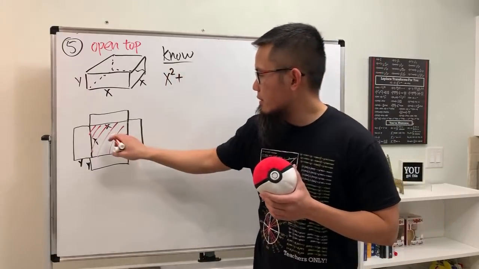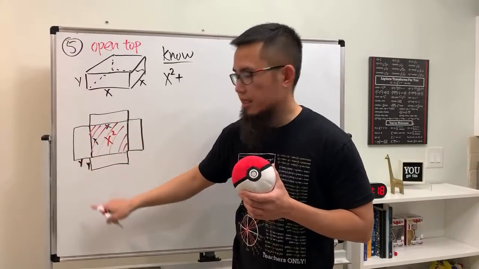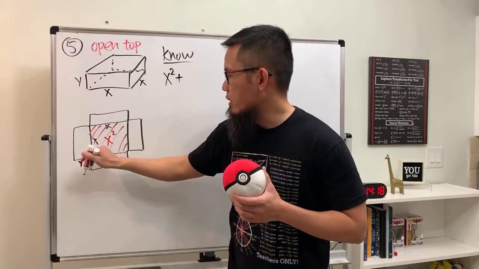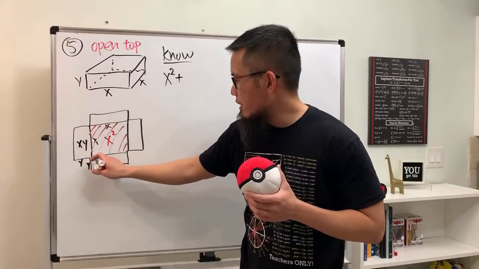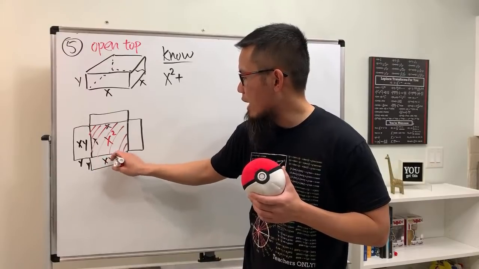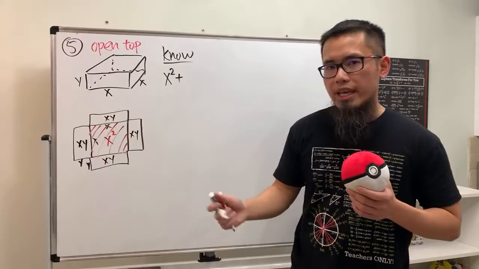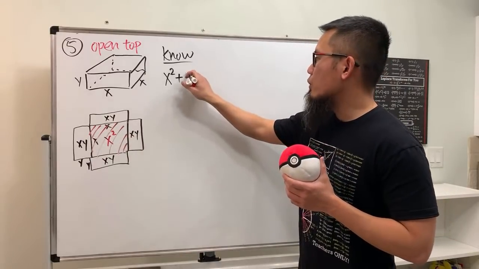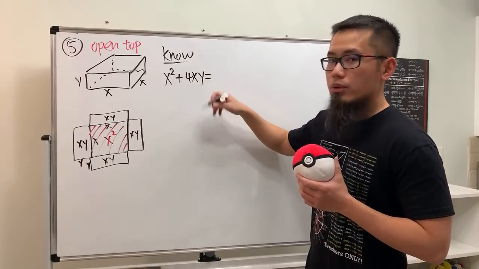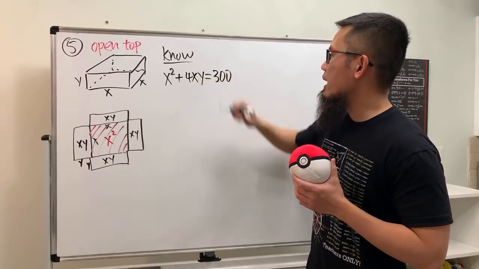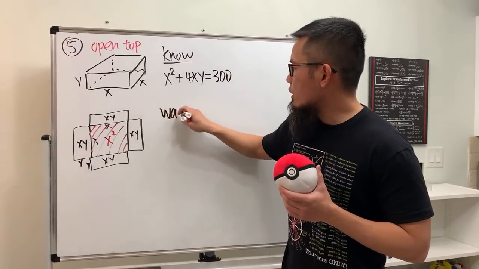And then this right here is x, this right here is y, so that's just a rectangle, and that's going to be xy. Similarly, this right here is x, that's y, so you have xy, and the area here is also xy and also xy. Altogether, we have 4xy, so we are going to have plus 4xy, and all in all, this right here is 300 square centimeters, right? And then, let's see, what do we want to know?